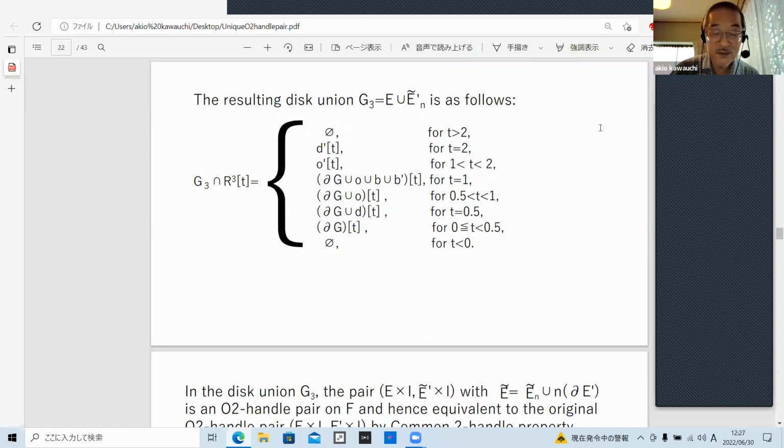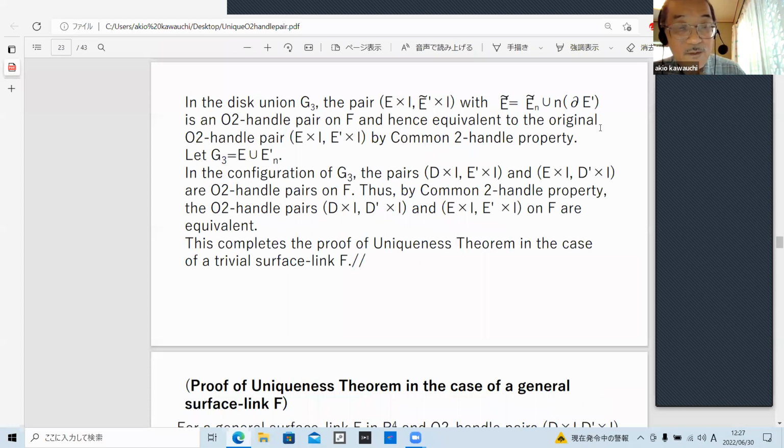So just level 0, only the boundary circle appearing. So E cross I, E dash tilde cross I, with the boundary collar joining, is also a handle pair on F and equivalent to the original handle by the common two-handle property.